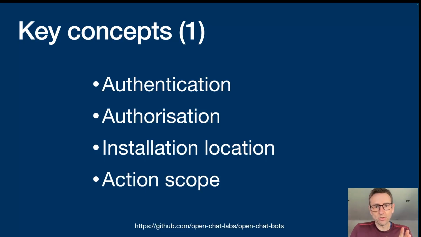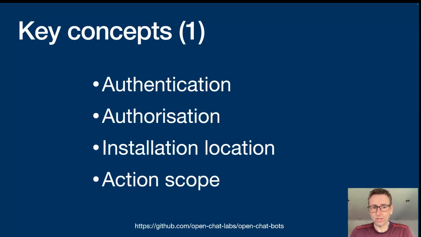So bots can be installed into communities where they will also be available to the community's channels, or they can be installed in top-level groups, or as direct chats where only you will see the interaction with the bot. So that's the installation location piece.